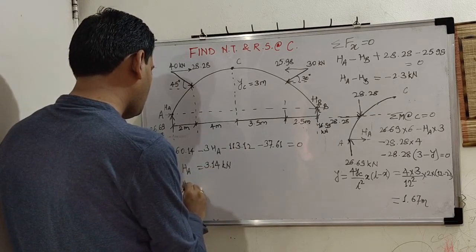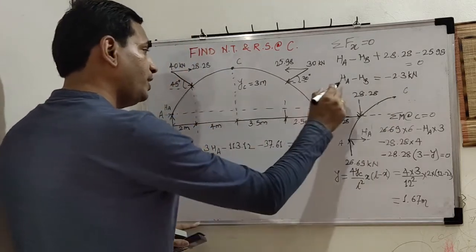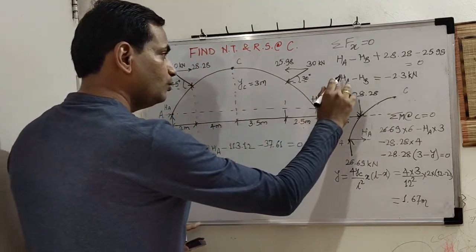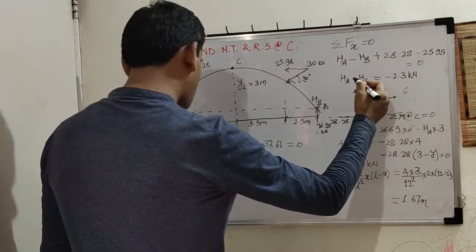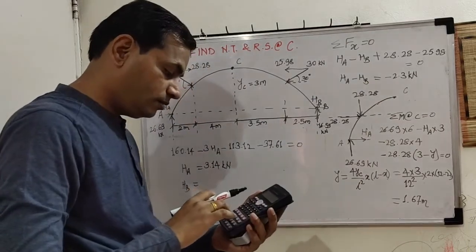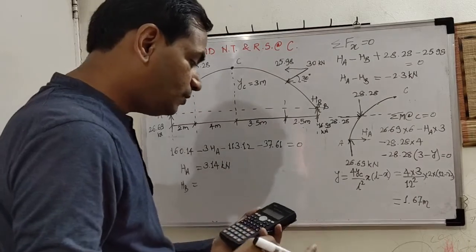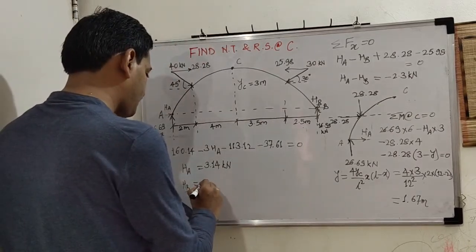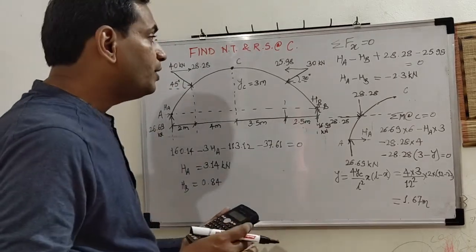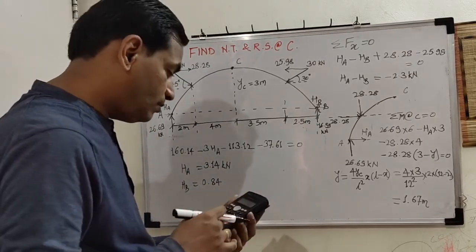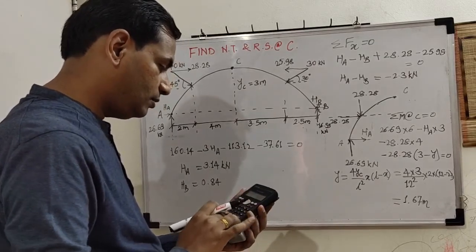So how much will be HB? Substitute HA as 3.14. You bring it on the right hand side, so this will be minus 2.3 minus 3.14. Not 0.84, actually we have to add these two. Minus 2.3 minus 3.14, with minus sign.